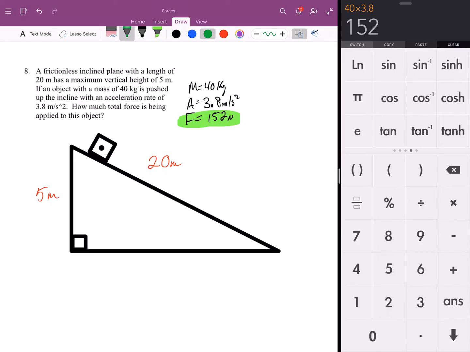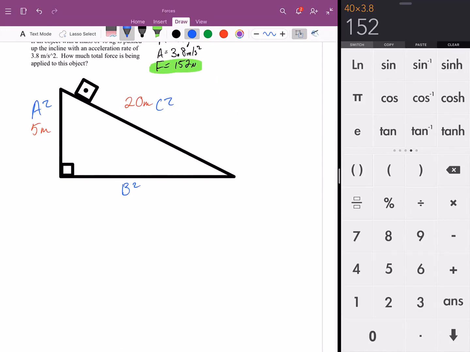Considering the fact it is a right triangle, you bring in the elements of the Pythagorean theorem. You have a squared plus b squared equals c squared. So write it down here. a squared, being 5 squared, which is 25. c squared, 20 squared.